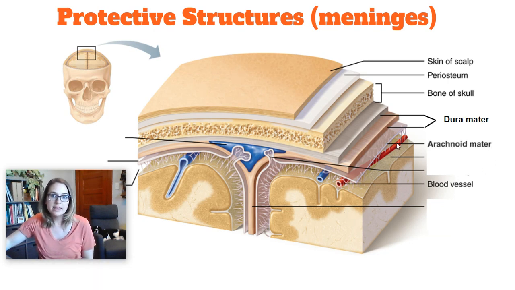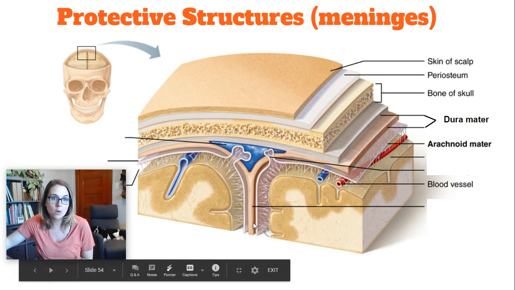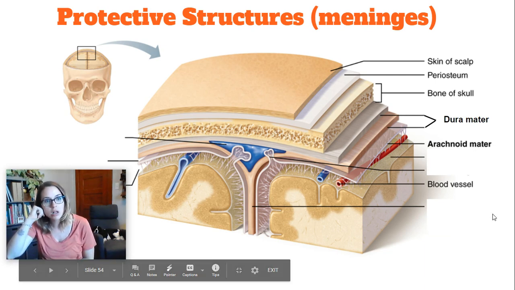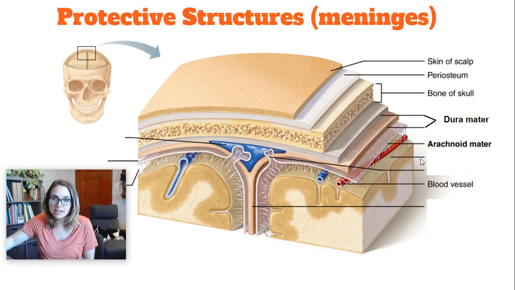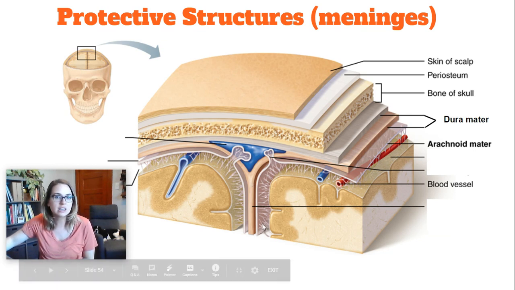Okay. The next layer right here, it kind of looks sort of web-like, is called the arachnoid mater. And if you are familiar at all, that term arachnoid or arachnophobia means spider. And so this has the name arachnoid mater, because of the little extensions coming off of it that sort of look like spider webs.